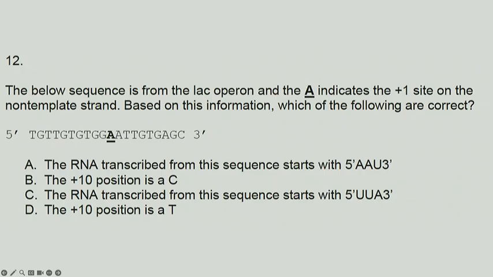So the RNA transcribed from this sequence starts with 5' A, U. So it starts at the +1, and it's that nucleotide plus the next one plus the next one. Any questions on that?